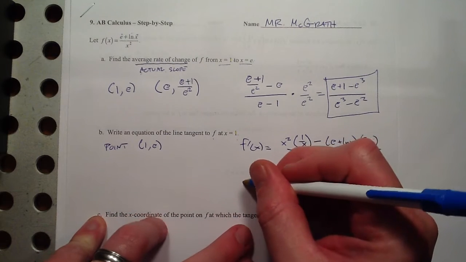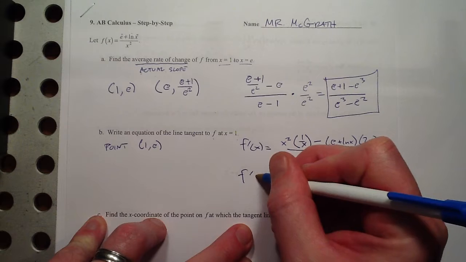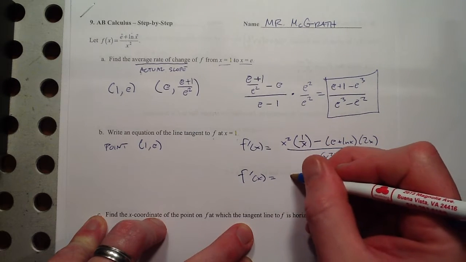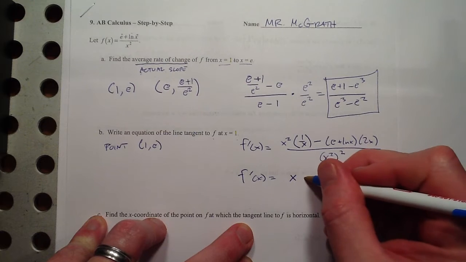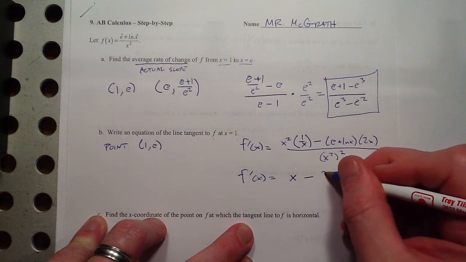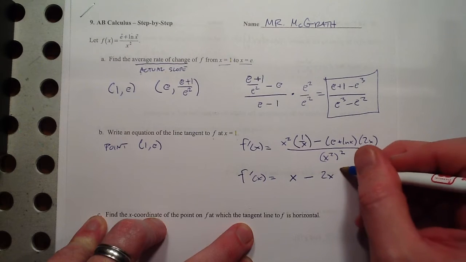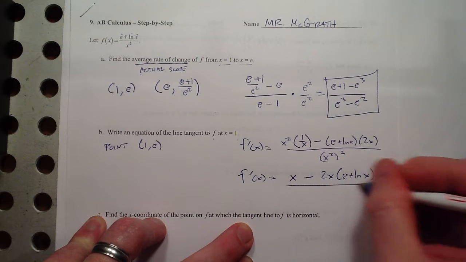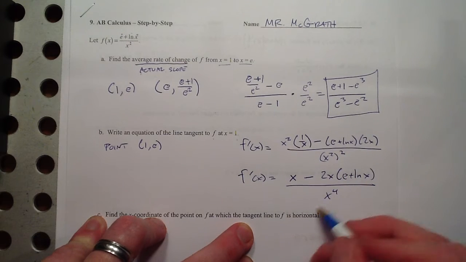I think I will, because I'm that kind of guy. So x squared times 1 over x is just x, minus, I don't think there's any great benefit in distributing, over x to the 4th. I think I'm going to leave it like that.